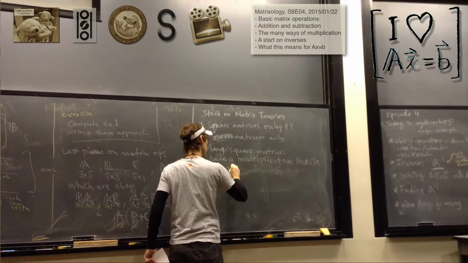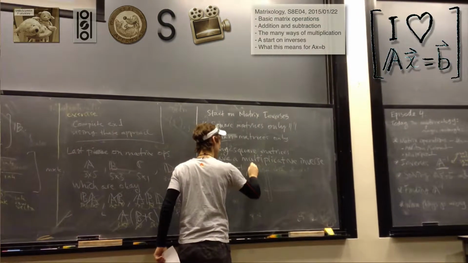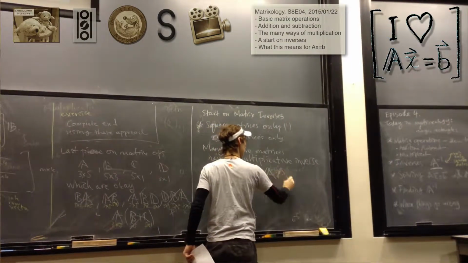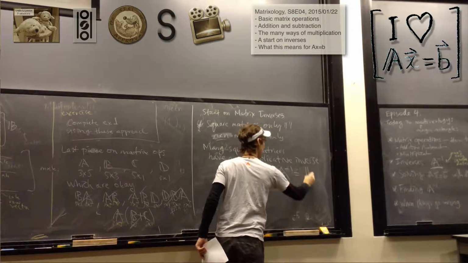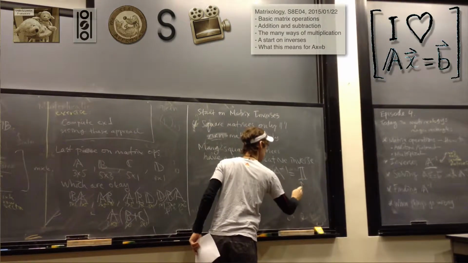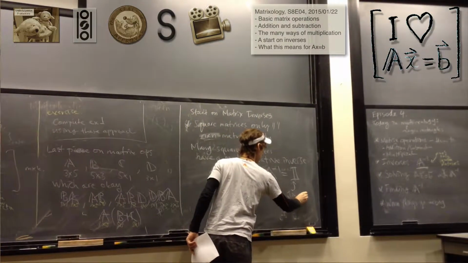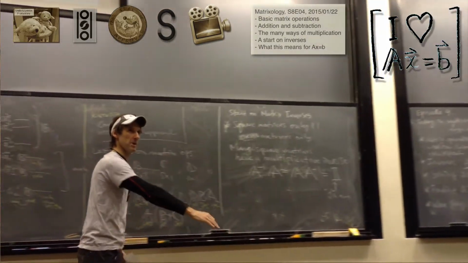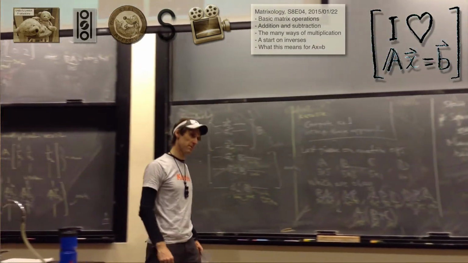So A to the minus 1, and it works like this. A to the minus 1 times A is equal to A times A to the minus 1 is equal to the identity. This is 1 in n by n. We talked about the identity the other day. 1's along the diagonal. That is our grown-up person's 1.